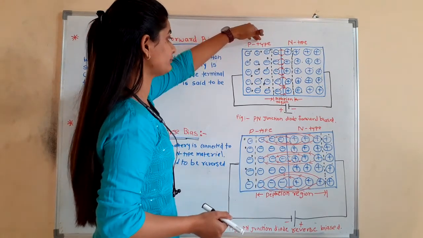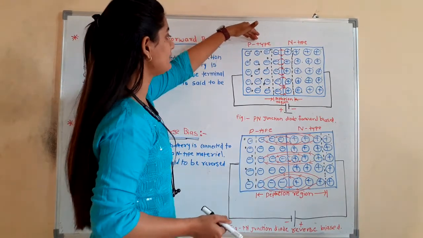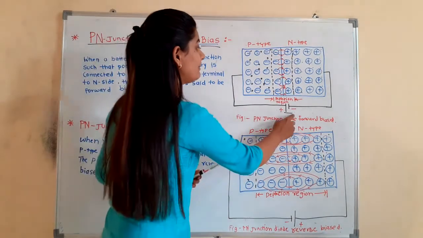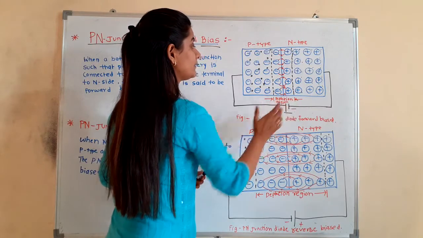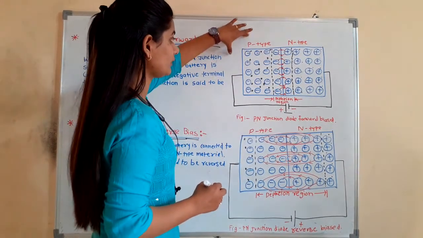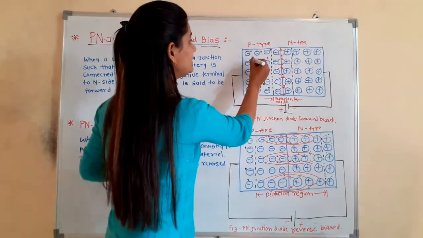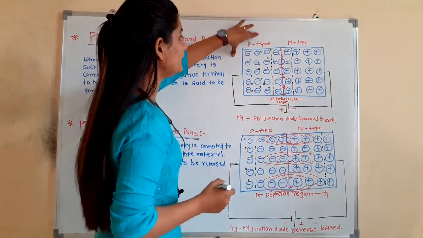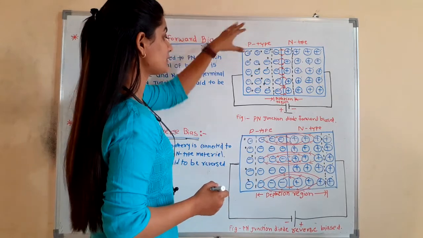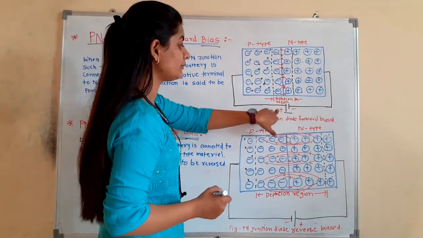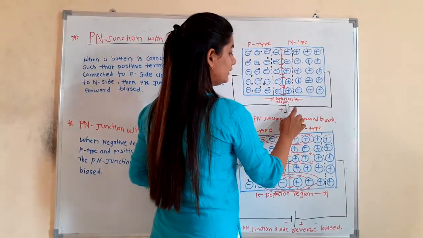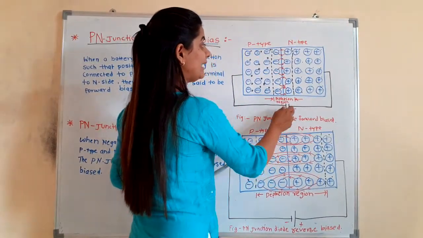When the P type is connected to the positive terminal of battery, this is the battery, this is the depletion region, okay. You know these are the holes and these are the free electrons. This is the P type, connected to the positive terminal of battery, and N type is connected to the negative terminal of battery.